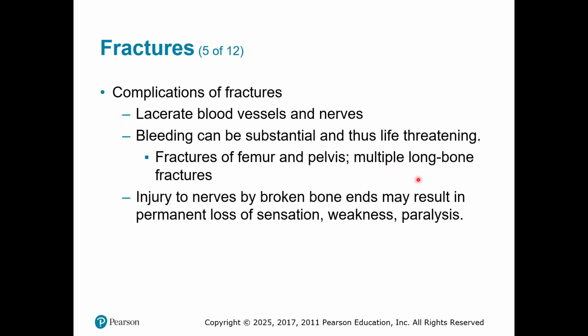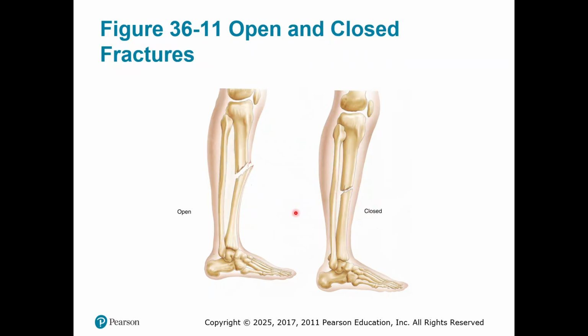And we all know that a pelvis fracture can hold the entire blood volume of somebody. So pelvis fractures are extremely dangerous. Injuries to the nerves by broken bone ends may result in permanent loss of sensation, weakness, or even paralysis. Here's a sketch of an open fracture versus a closed fracture.